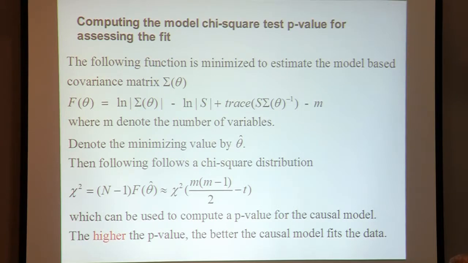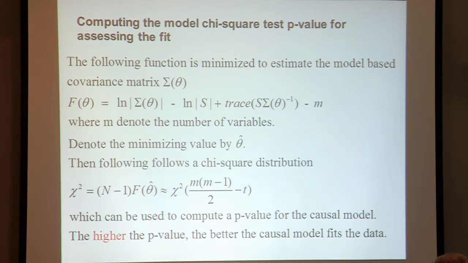So once you have a chi-square statistic, and here you have the corresponding degrees of freedom, you can calculate a p-value. And this p-value tests the hypothesis about model fit, and in our situation, we want to obtain a high p-value because it suggests that the causal model fits the data, right? A low p-value means that the causal model that you study doesn't fit the data.